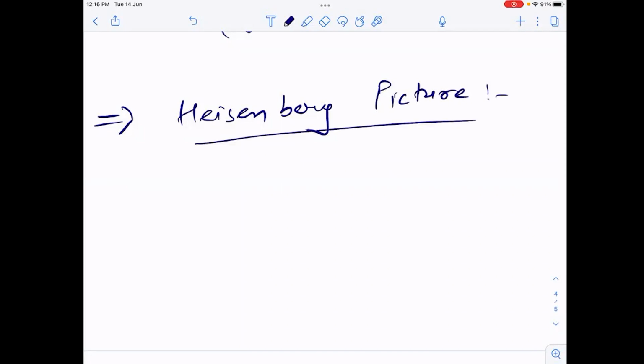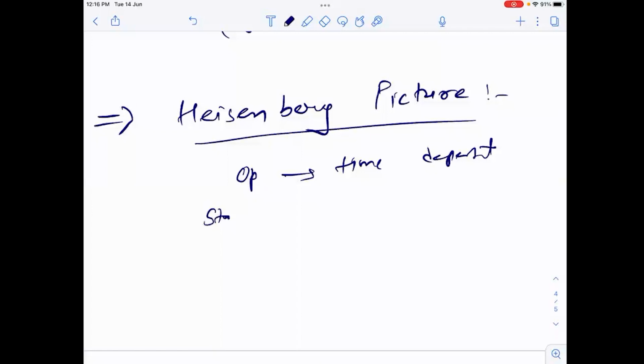Okay. So what is the Heisenberg picture? Let's hear from you. In terms of operators and matrices. Right. But in the Heisenberg picture, remember, the operators are time dependent, right?